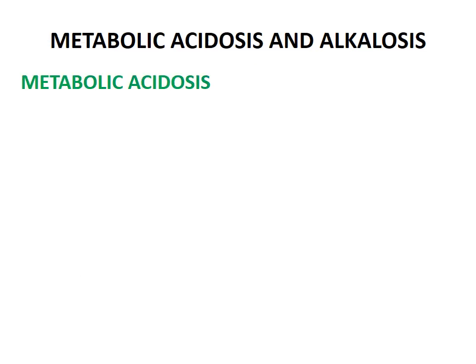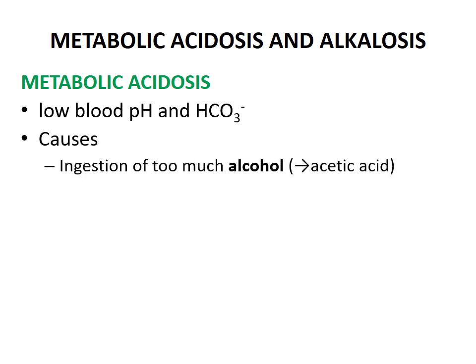Metabolic acidosis, low pH and bicarbonates. Some of the causes for this is ingestion of too much alcohol. When the person consumes too much alcohol, what will happen? The acid content will be increased in the blood, but remember that this has nothing to do with the lungs.